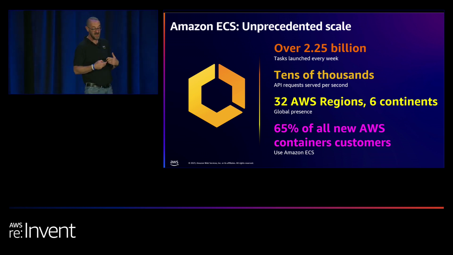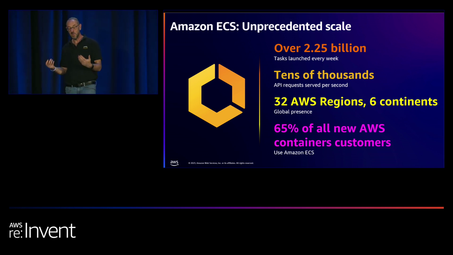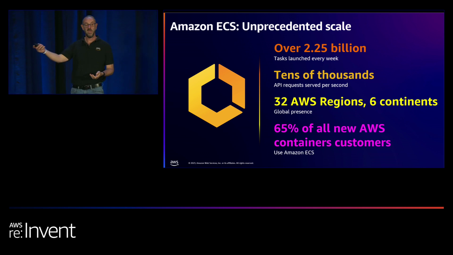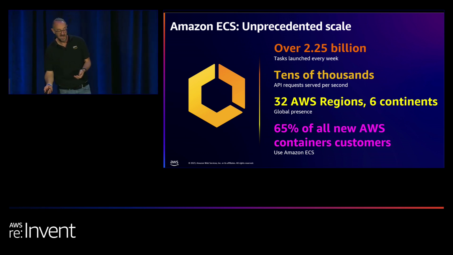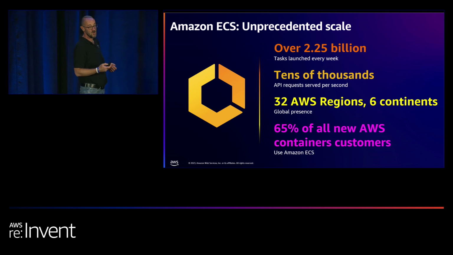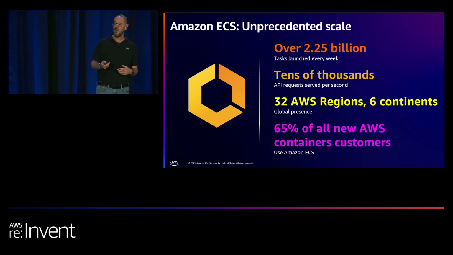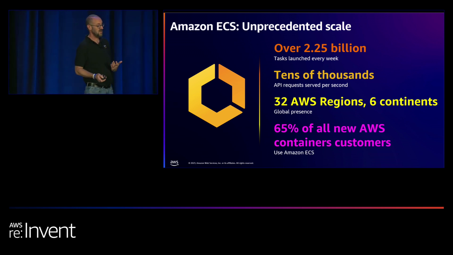We handle tens of thousands of API requests per second, every single second, 24 hours a day, across all of the regions. We are deployed as a service in 32 different AWS regions, on 6 different continents. And the interesting thing is that 65% of all new customers to AWS will be using ECS, because of its simplicity, and they don't have to worry about managing underlying infrastructure in any kind of way.